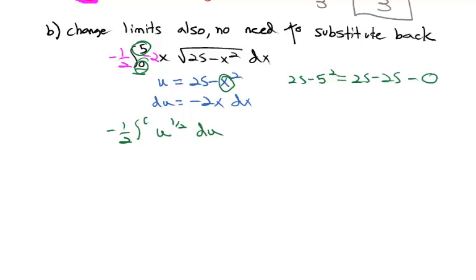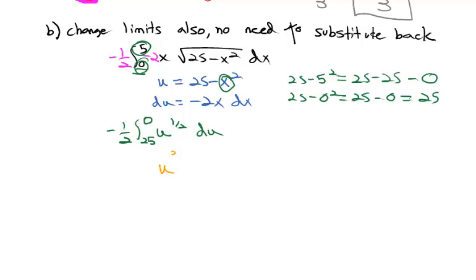The upper limit is now 0. The lower limit, we have 25 minus 0 squared, which is 25 minus 0. That's 25. The lower limit is now 25.